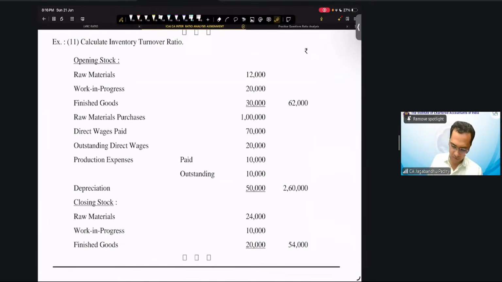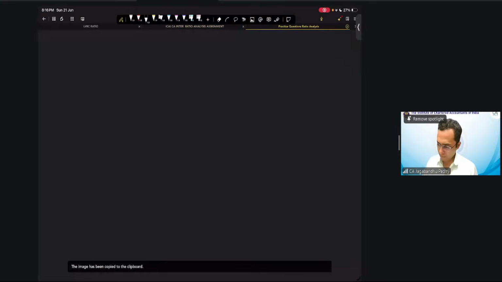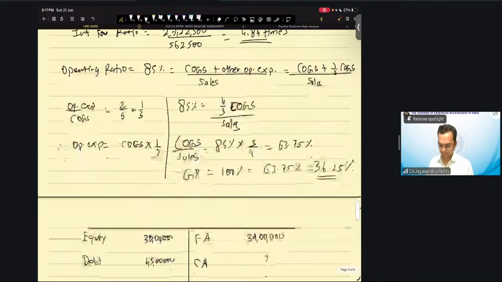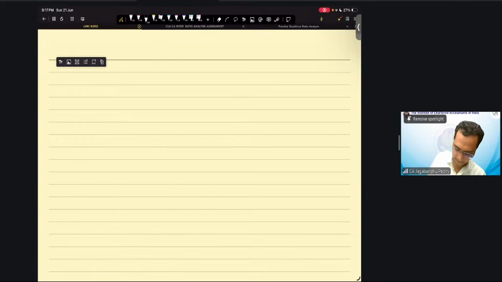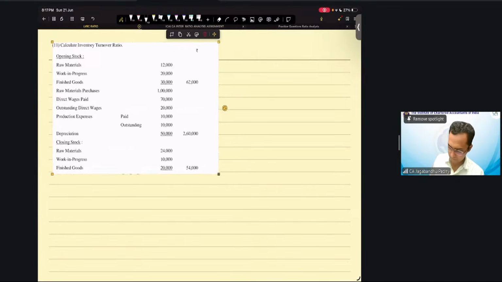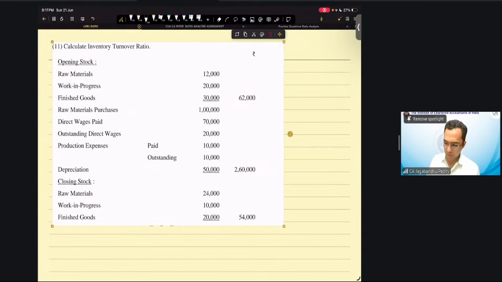Okay, try out this question number 11, everyone. You have to compute the inventory turnover ratio.